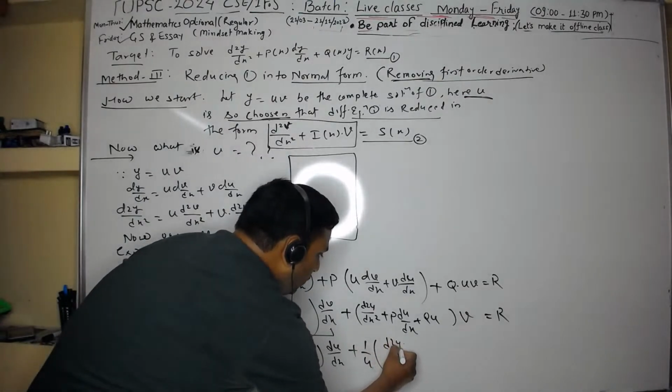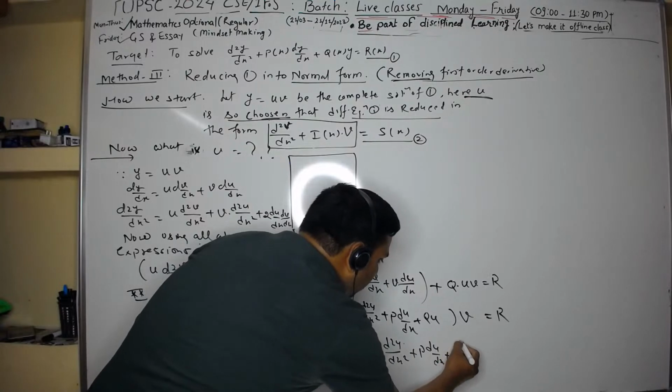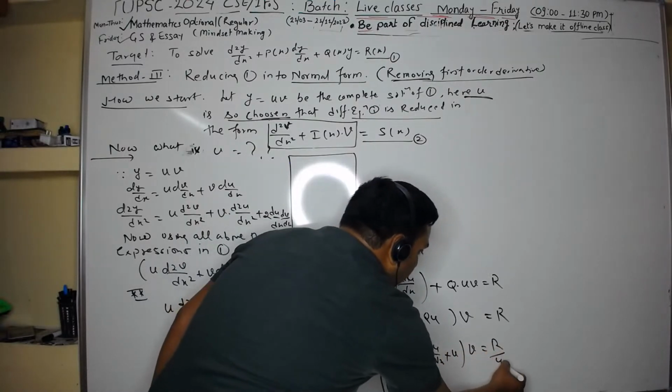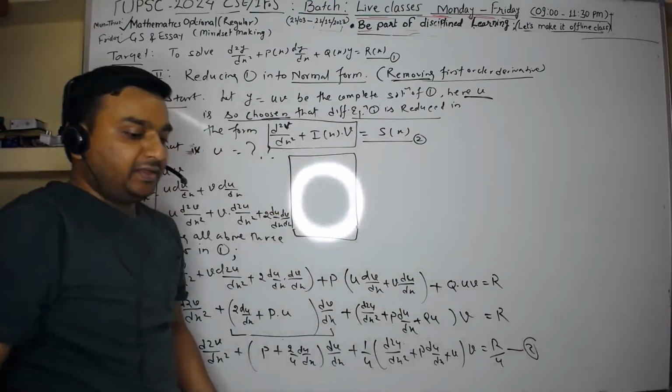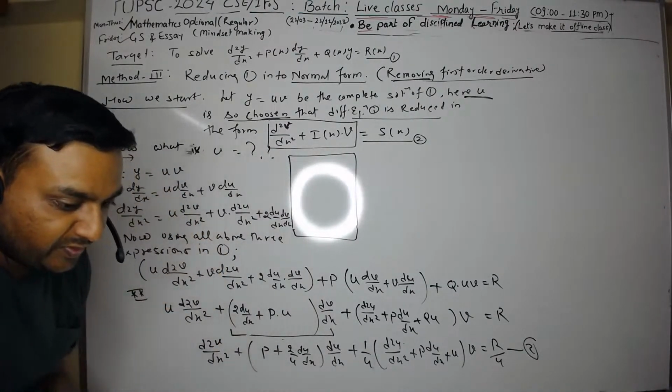This will be d2u over dx square plus p du over dx plus u into v equals r upon u. Now, sir, we have to take 0.